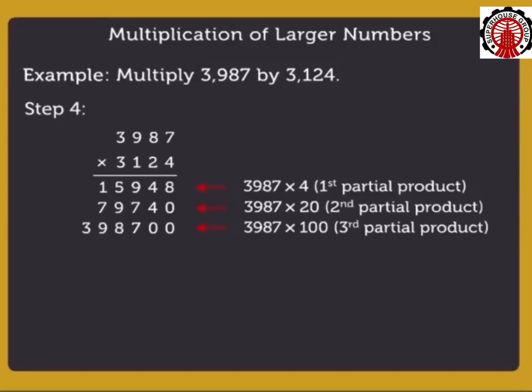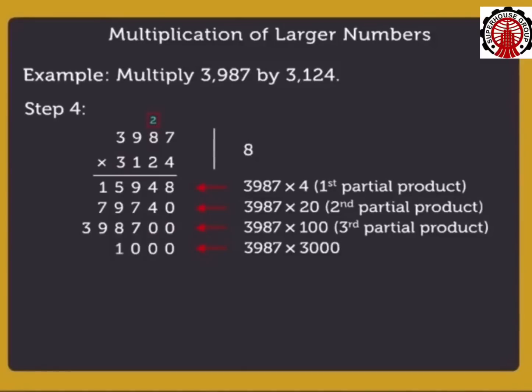Step 4. Multiply 3,987 by the digit in the thousands place of the multiplier. As the digit 3 is in the thousands place, we are actually multiplying by 3,000. So, we write zeros below the digits 7, 0 and 0 of the third partial product. Next, 7 into 3 is equal to 21.